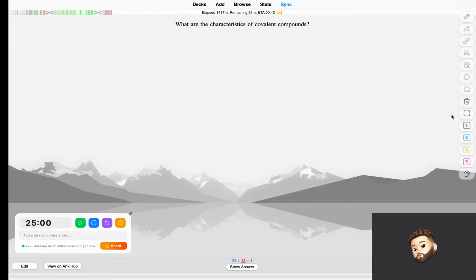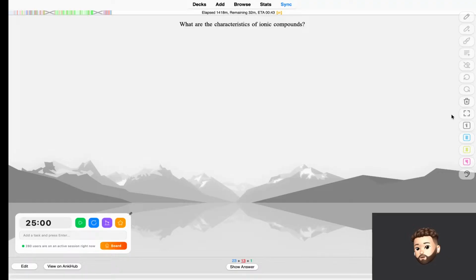What are the characteristics of covalent compounds? It has a relatively weak IMF, lower melting and boiling points, poor conductor, and it doesn't break down into ions. What are the characteristics of ionic compounds?